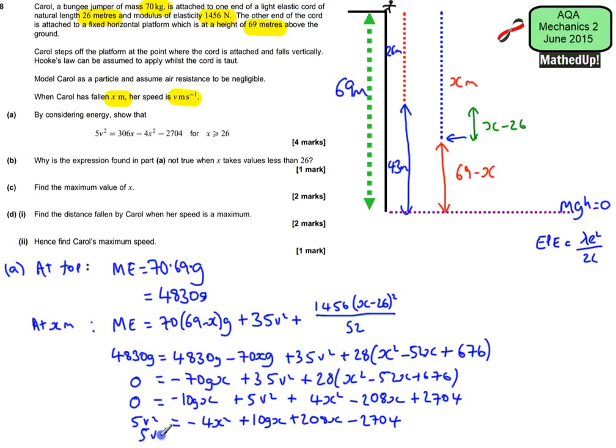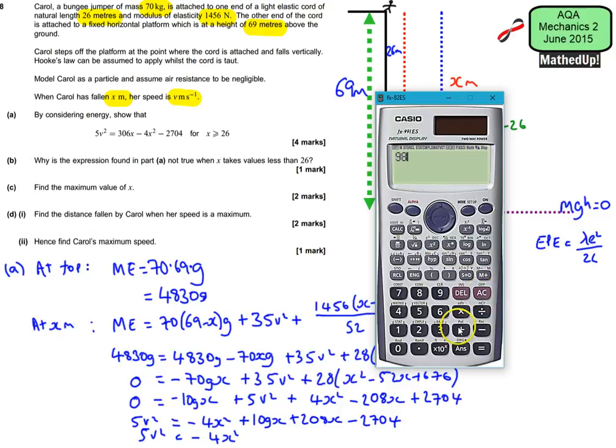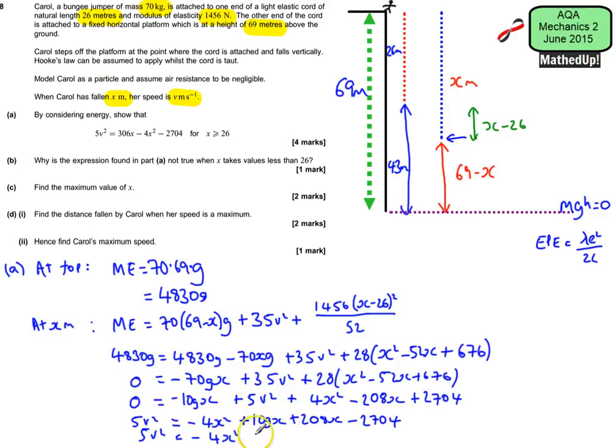That tells me that 5v squared is going to be equal to negative 4x squared, 98x, so 10 times gravity is going to be 98x plus 208x. So we've got 98 plus 208, that gives us 306, take away 2704, which is what we require over here. I've written it in a slightly different order, so it's 306x, take away 4x squared, take away 2704.